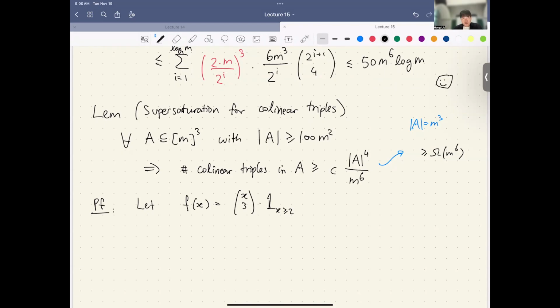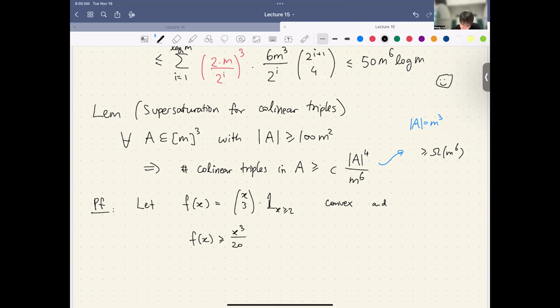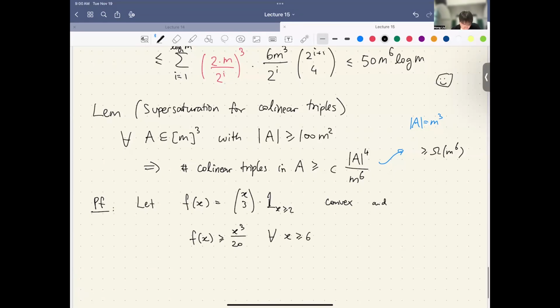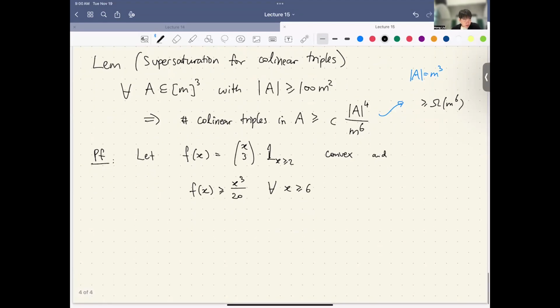If it's at least 2, we define it to be this x choose 3 convex function. So this is convex. And the basic property is that f(x) is bigger than x cubed over 20, let's say, for any x at least 6. It's easy to verify.